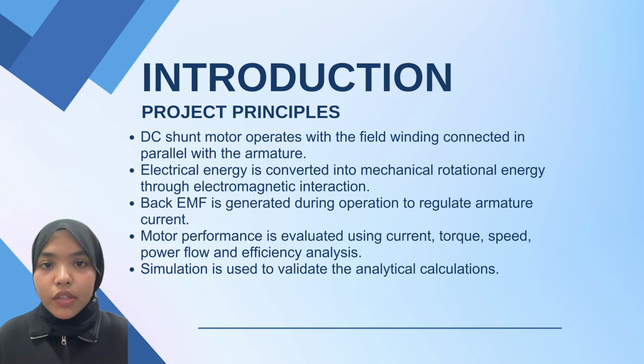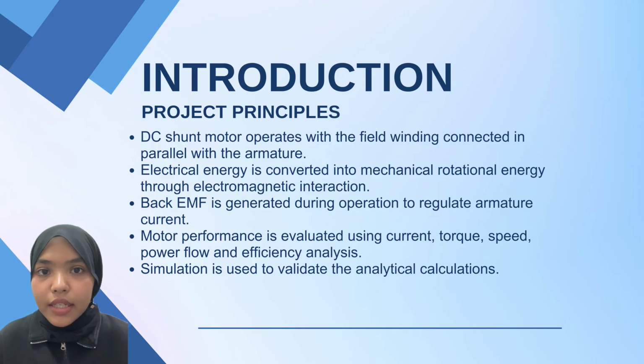This project is based on the operating principle of the DC shunt motor, where the field winding is connected in parallel with the armature winding. When a 24-volt DC supply is applied, current flows through both the field and armature winding, creating a magnetic field required for the motor operation. The interaction between the magnetic field and the armature current produces electromagnetic torque, which causes the motor shaft to rotate.